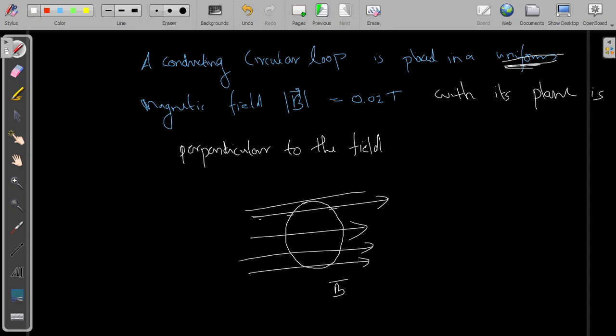This is B, and if you take any point P in this magnetic field, it is having 0.02 Tesla. That is what I mean by uniform magnetic field, perpendicular to the field.